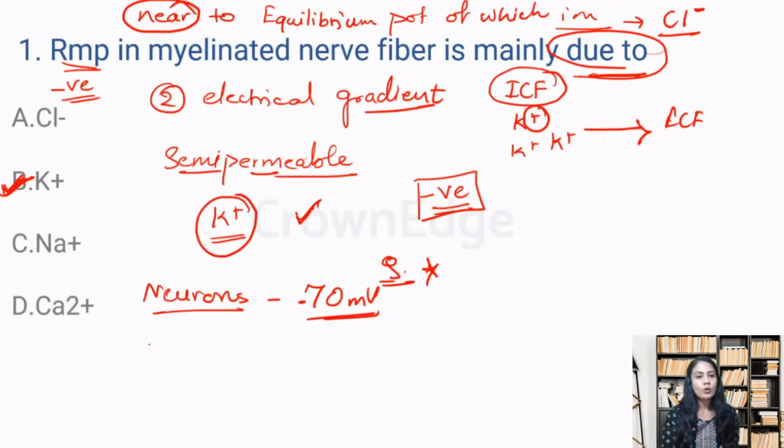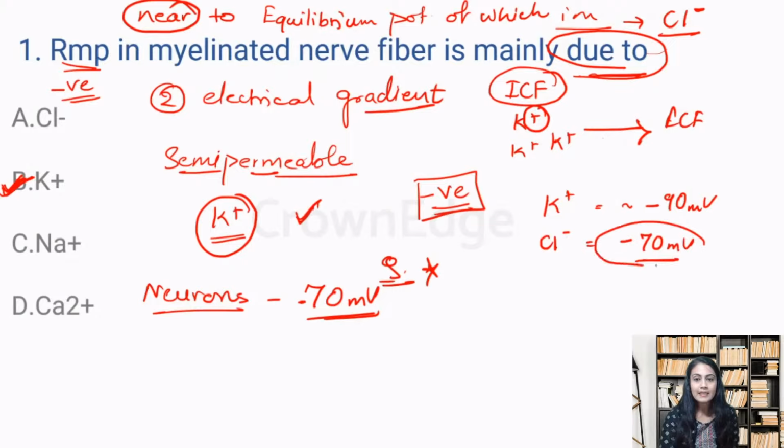The equilibrium potential of potassium is approximately minus 90 millivolt, and the equilibrium potential of chloride is minus 70 millivolt. So you can see it is near to chloride, but it is not because of chloride. Okay, so that's all about this question.